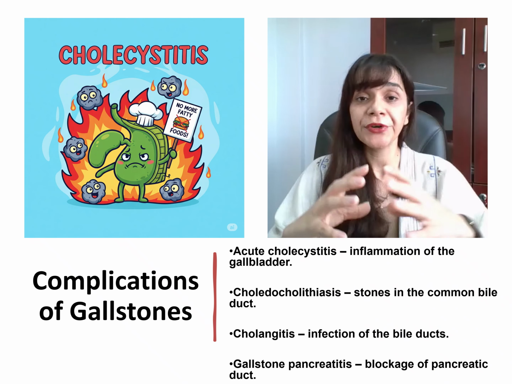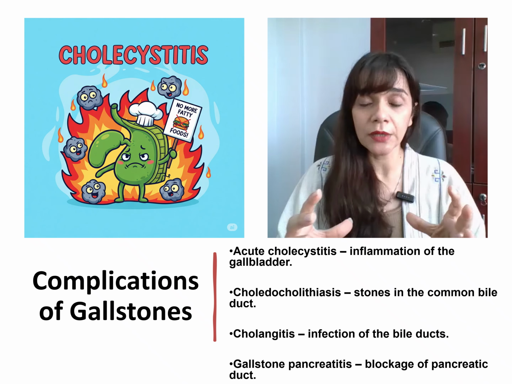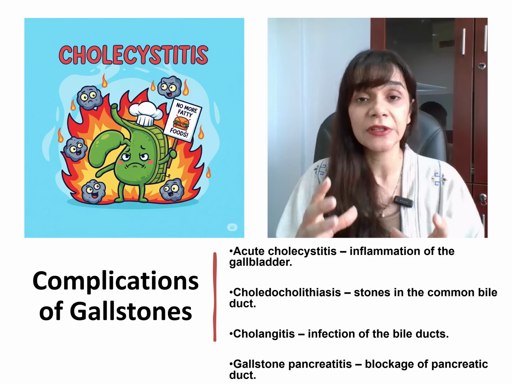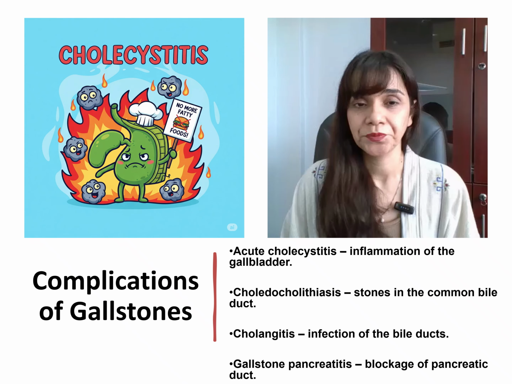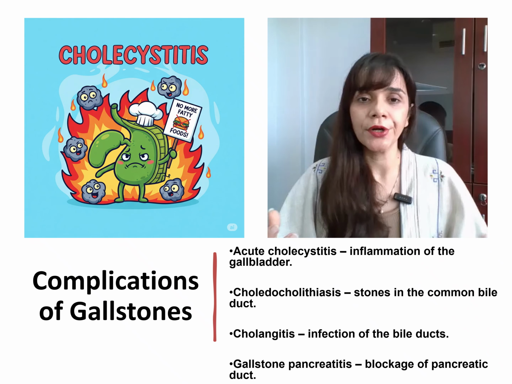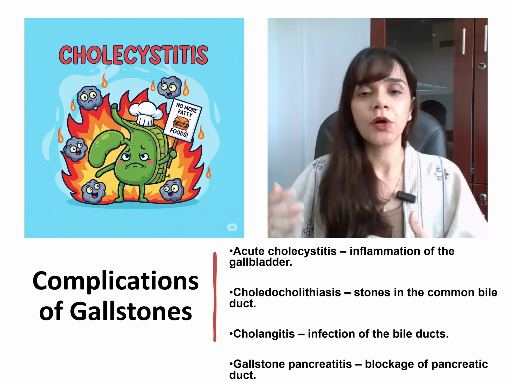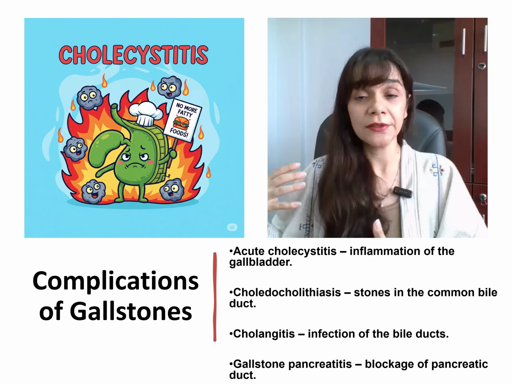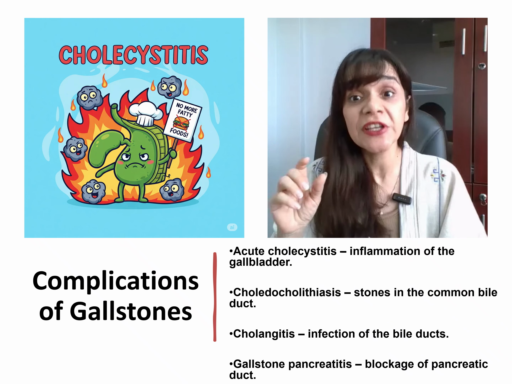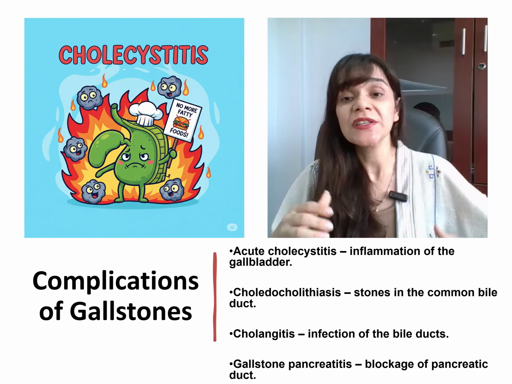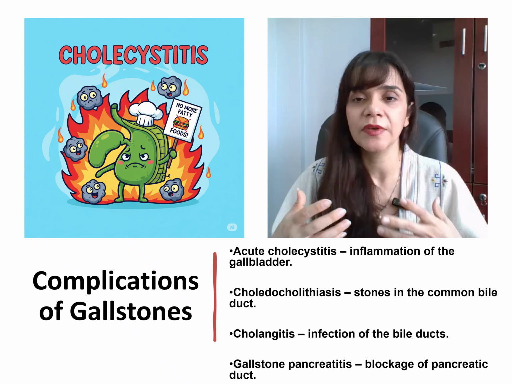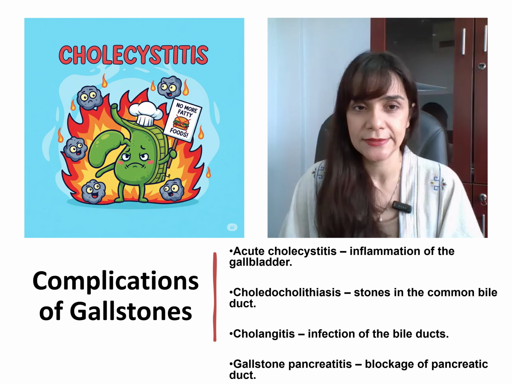There will be pressure on the gallbladder wall that can lead to inflammation and sometimes infection. The symptoms are, again, sudden right upper abdominal pain, nausea, vomiting, and fever. The patient is not well when there is cholecystitis.